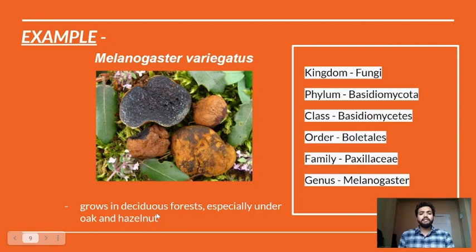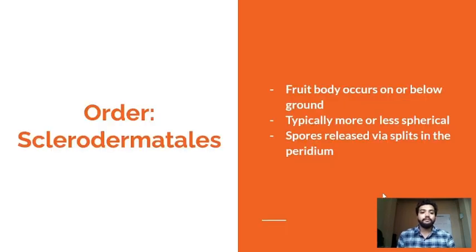It grows in deciduous forests, especially under oak and hazelnut. The taxonomic classification of this is: kingdom fungi, phylum Basidiomycota, class Basidiomycetes, order Boletales, family Paxillaceae, genus Melanogaster.